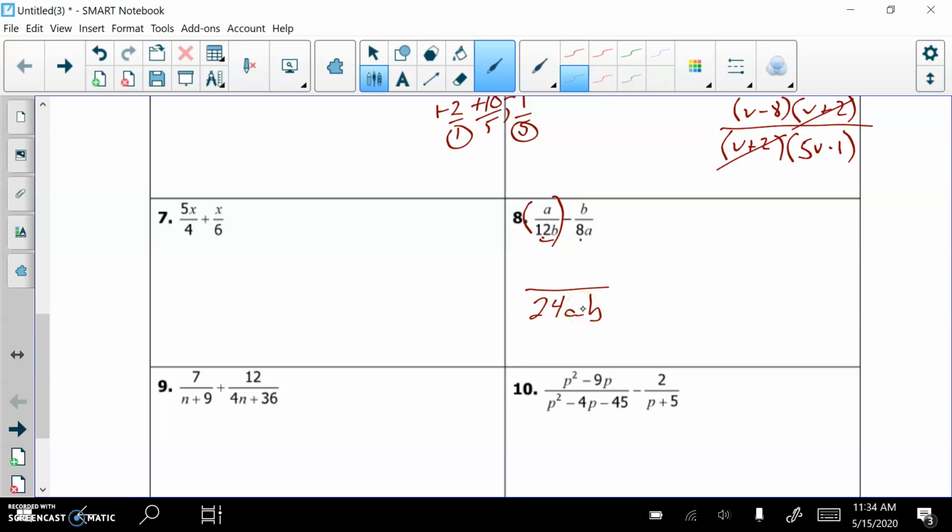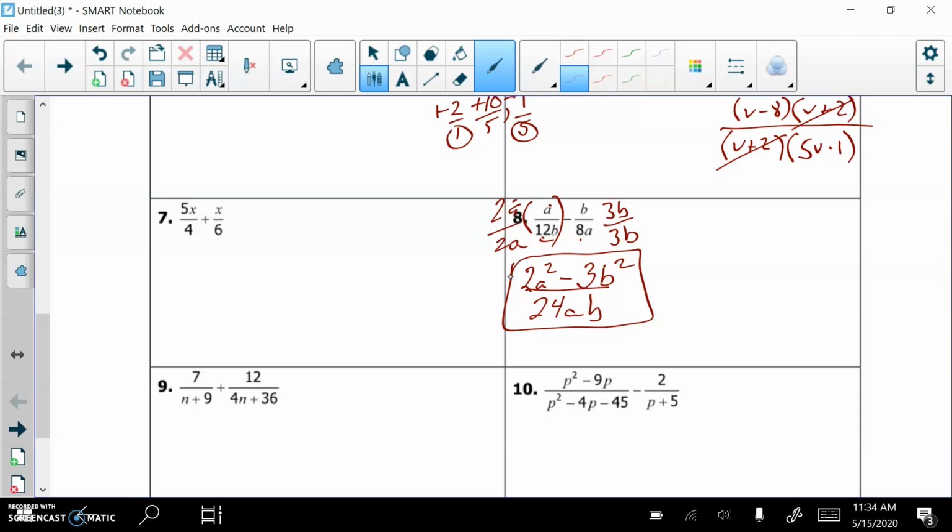So that means I need to multiply that by 2a over 2a. 2a times a is 2a squared. Got a minus sign. 8a needs to become 24ab. So that means I need to multiply by 3b over 3b, giving me minus 3b squared. And I don't think anything factors out of that.